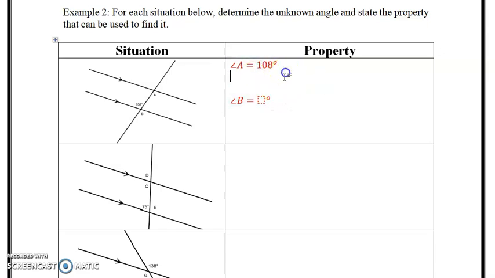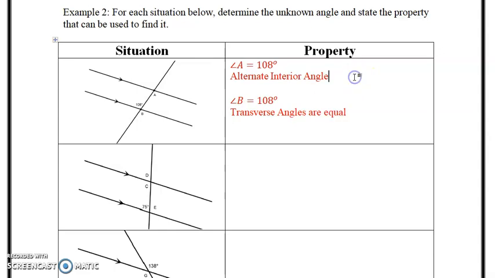This is using the alternate interior angles, which are equal. And angle B, that's also 108, and the reason that's also 108 is transverse angles are equal.